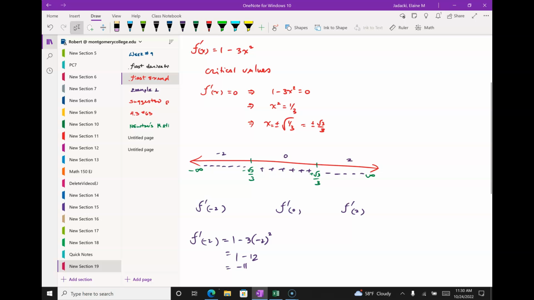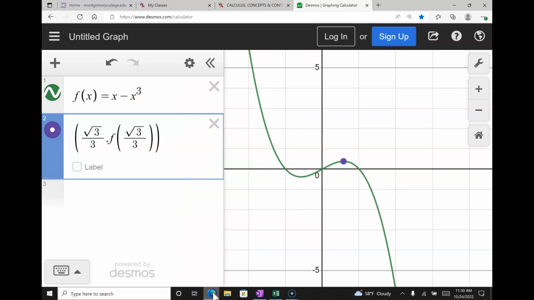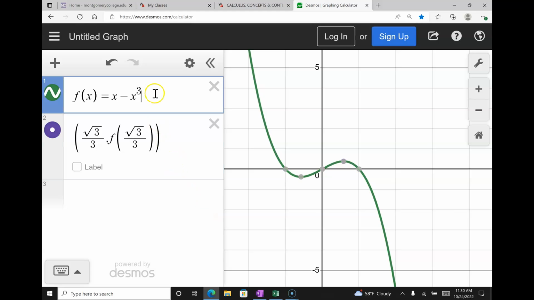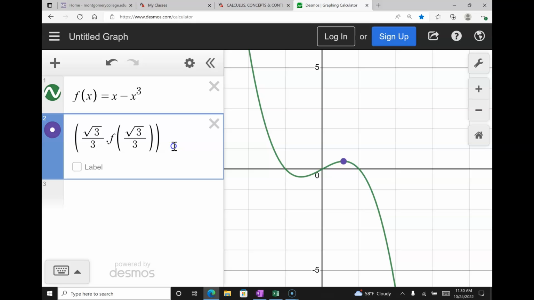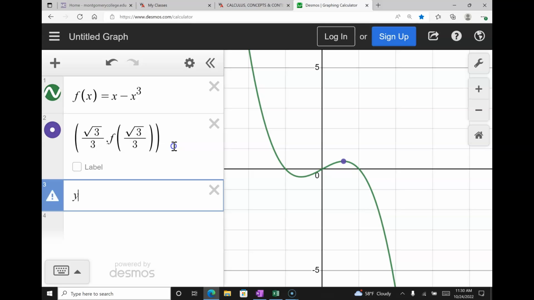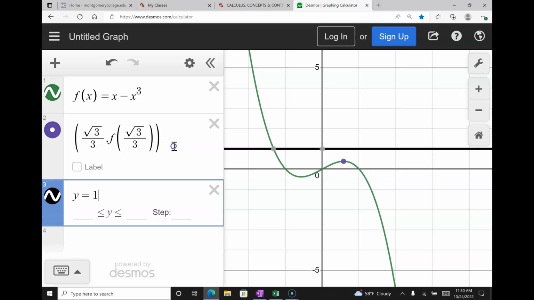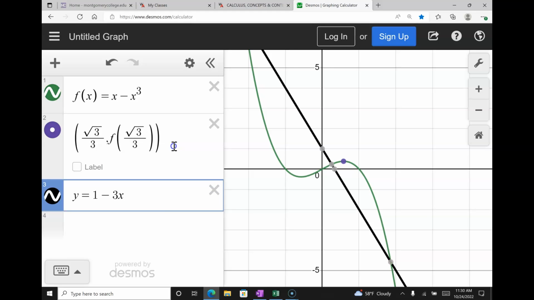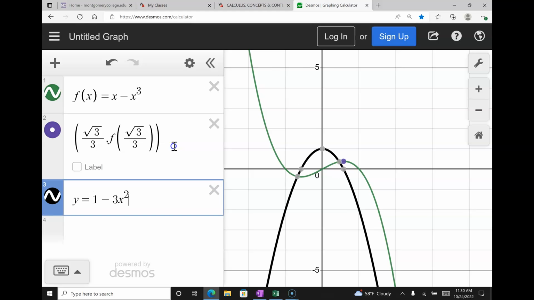Anywhere left of, right of, and in between, because, take a look at my graph. If I put my derivative on here, so what was it? y equals 1 minus 3x squared, was it? Right?